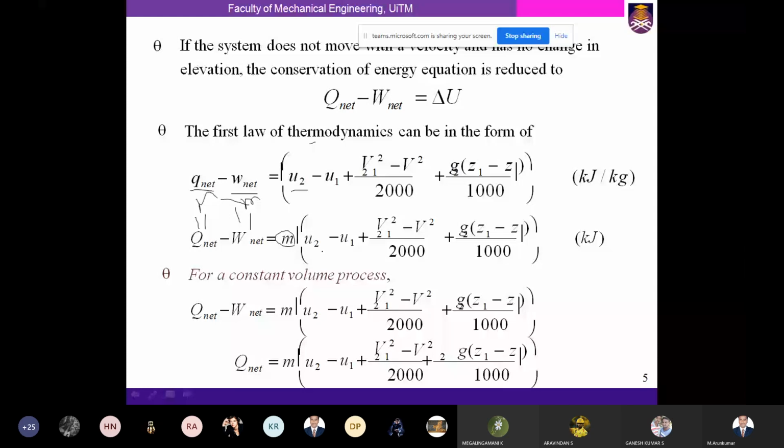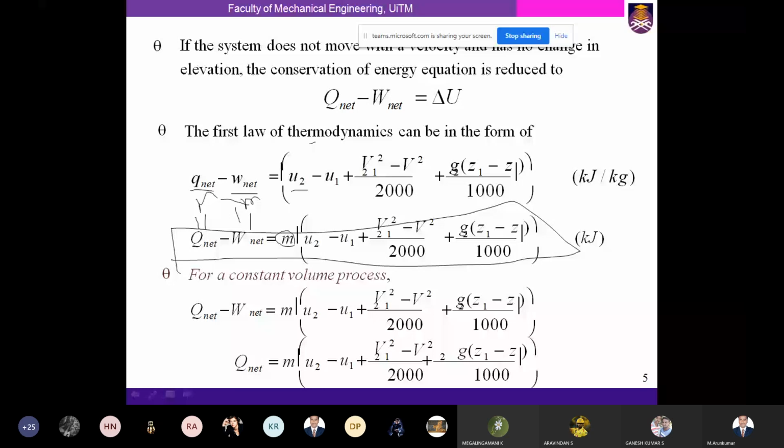So this is the energy equation. In the subsequent classes, the terms will be steady state energy equation and steady flow energy equation. Here there is no flow, but the energy equation will look like this.